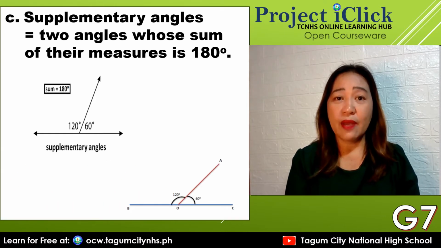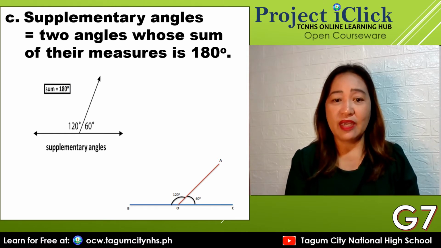Another example here, angle BOA and angle COA. These two angles share a common vertex, and that is at point O. And they also share a common side, and that is the ray OA.